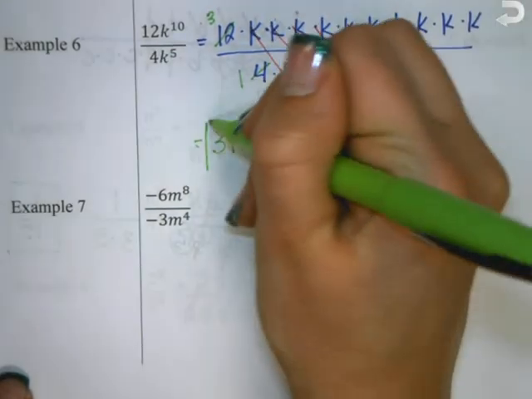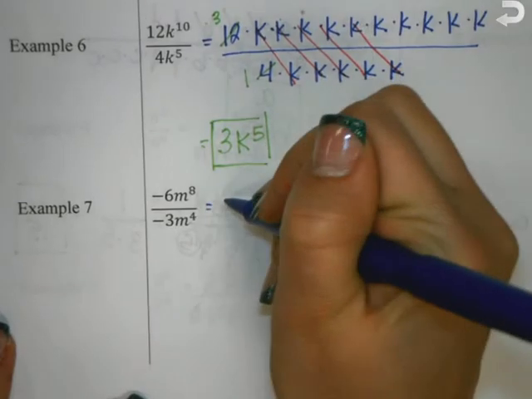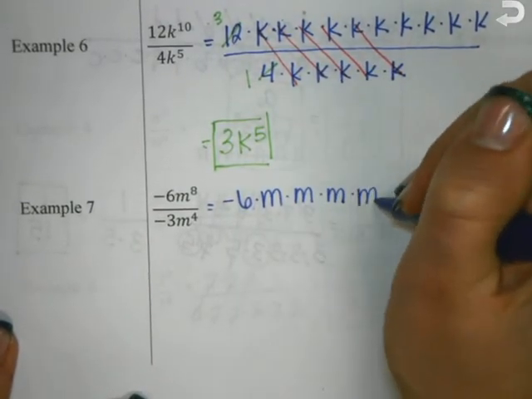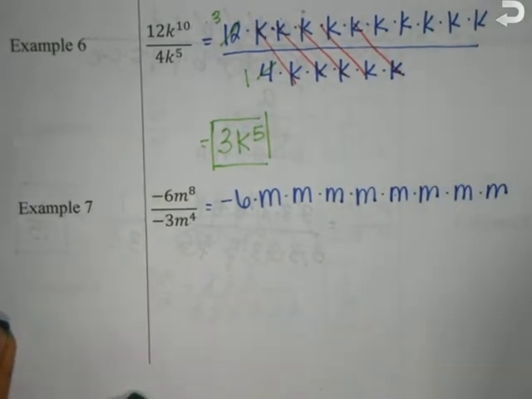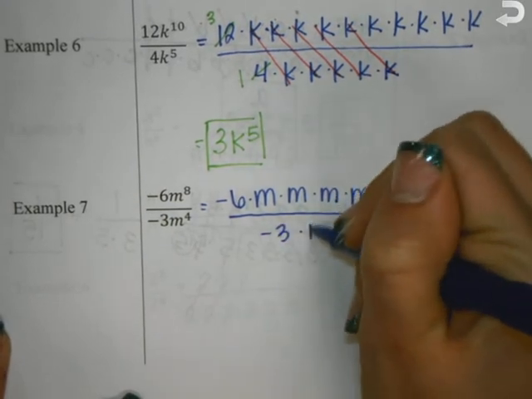Okay, let me do example 7 really quick. First we want to expand this. This would be negative 6 times m 8 times, all over negative 3. Okay, so I expanded them. Then I get to cancel, so I'm going to cancel 4 m's.